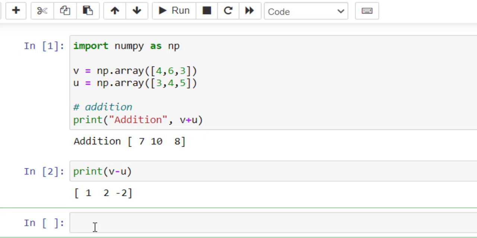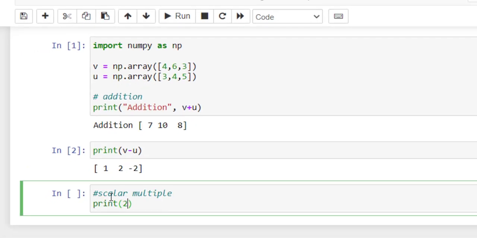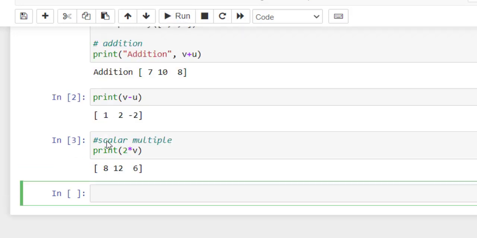The same applies if you want to find the scalar multiple of the vector. We can just say print 2, as our scalar, times v.